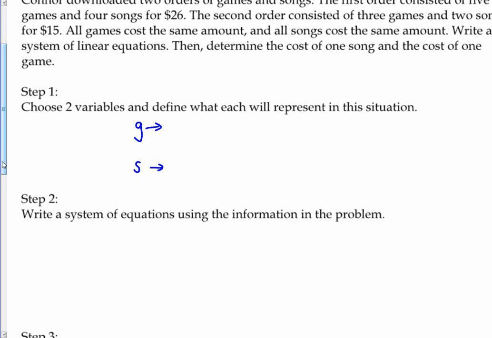So what is the letter G going to solve? Like, what does it stand for? What about the games? Is it the number of games or the cost of the game? The price. Look, in your question, the question will always tell you what the variables represent. Determine the cost of 1 game and 1 song.